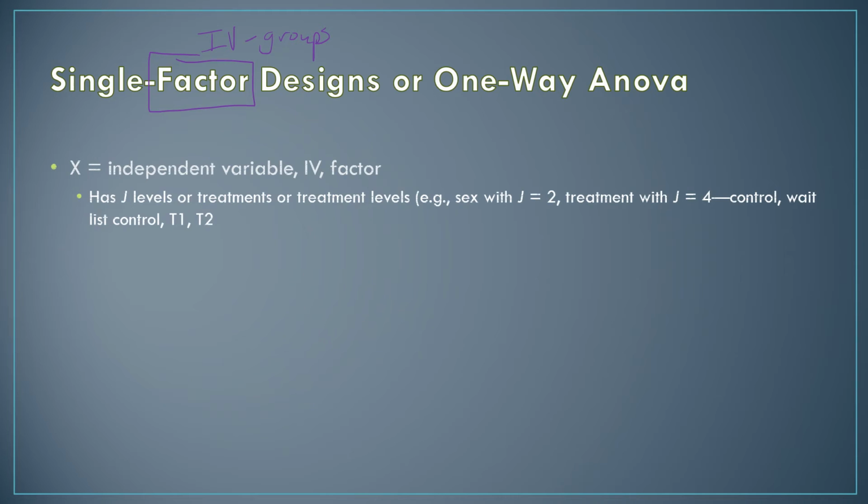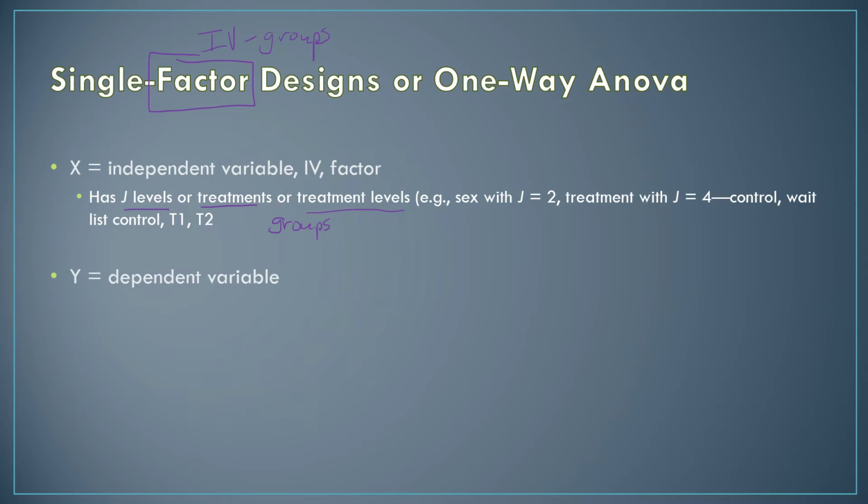And so when we look at it, you just have this one independent variable, and this one independent variable is establishing your J levels, treatments, treatment levels. All of these are just different terms to discuss your groups that are being established and are being compared.